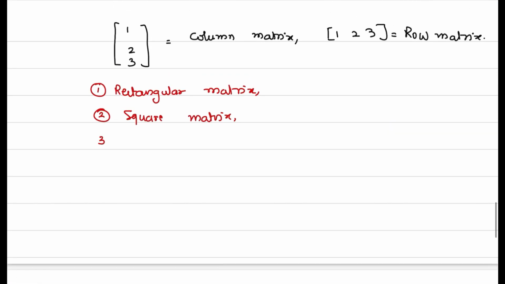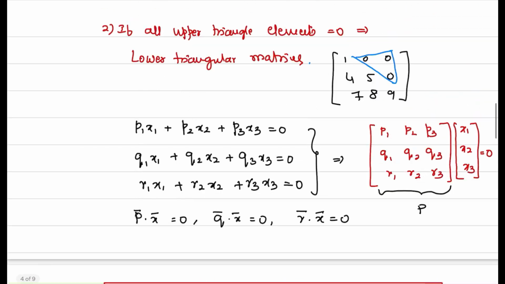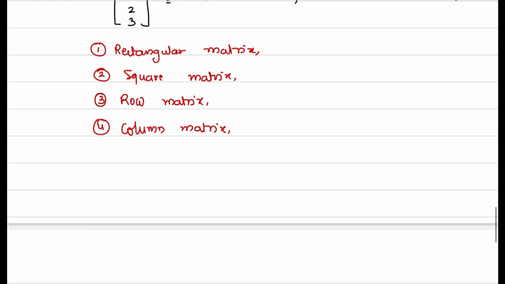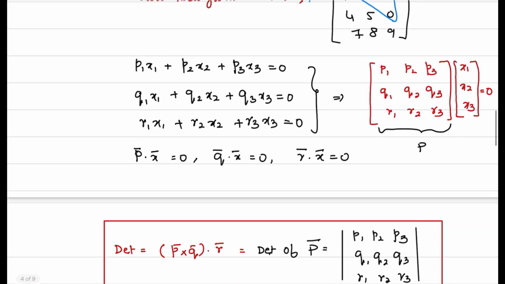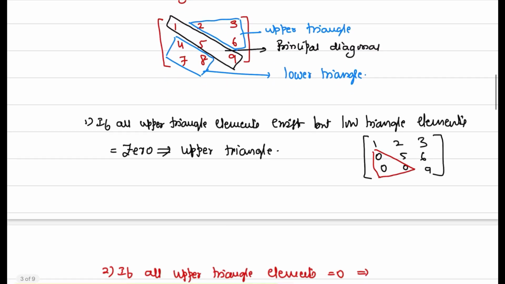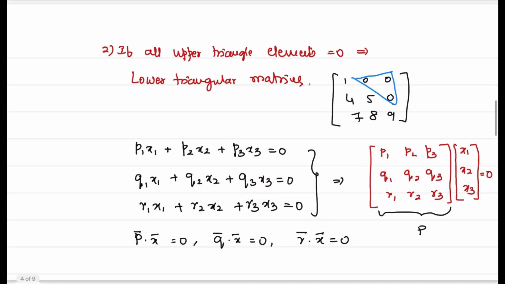Third is row matrix, column matrix, and another one null matrix, unit matrix, and seventh one is lower triangular matrix, upper triangular matrix.